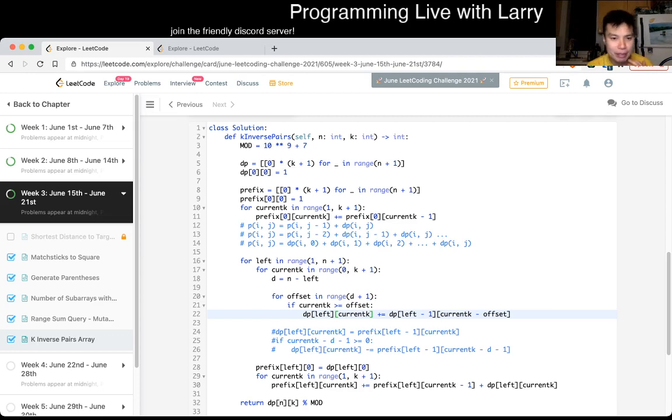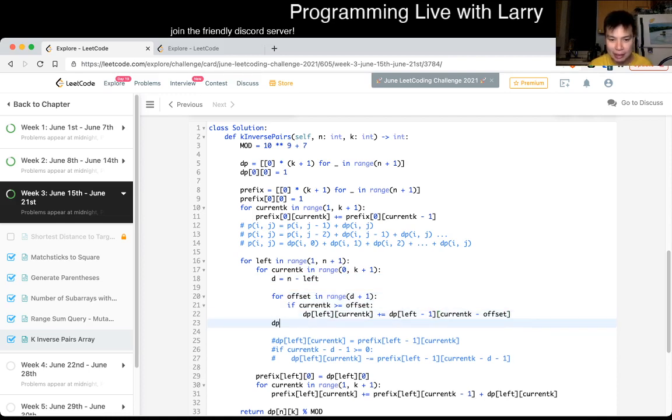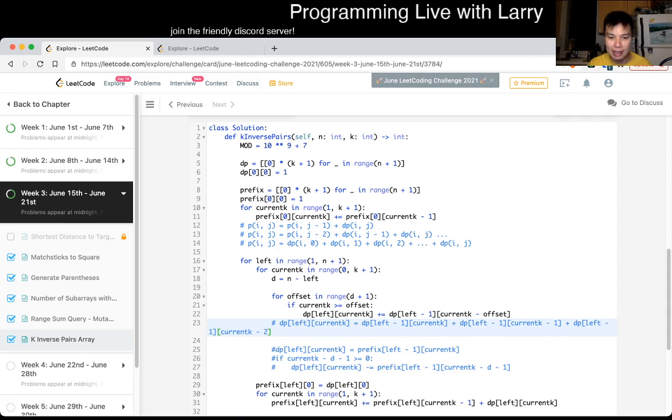The thing to know about this formula is that we actually sum up dp of left of current K, which is not equal to the prefix sum, is equal to left of minus 1 current K, plus this minus 1, plus this minus 2, and so forth, dot dot dot, but not dot dot dotting to the very end, which is dp of current minus 1.